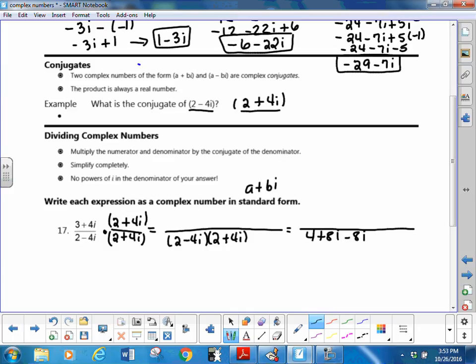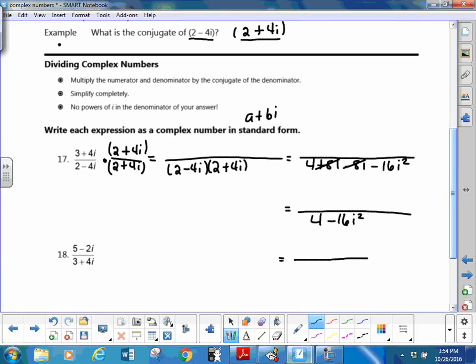And negative 4I multiplied by positive 4I is negative 16I squared. There's some neatening up I can do there. First of all, look what happens to those middle terms. Plus 8I minus 8I cancels out. We still have to deal with our numerator, and we're going to do that in a minute. And so that leaves us 4 minus 16I squared on the bottom.